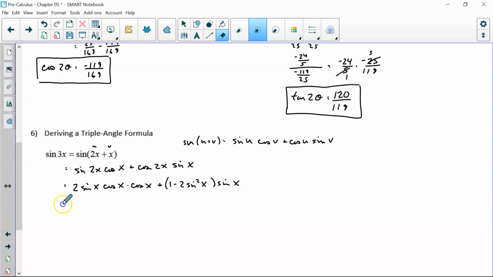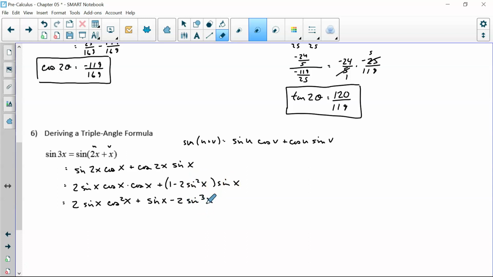Now we just keep simplifying. 2 sine of x cosine x times cosine of x is 2 sine of x cosine squared x plus, when we distribute the sine, we get sine of x minus 2 sine squared times sine, which is sine cubed x.